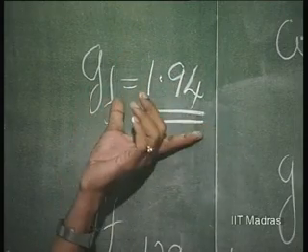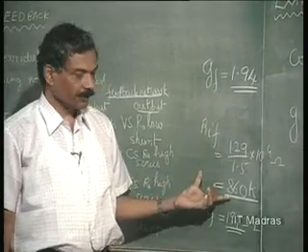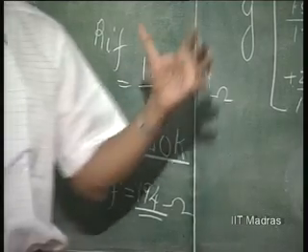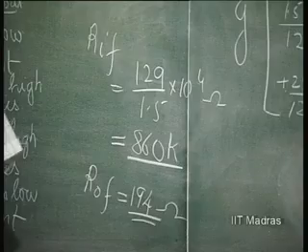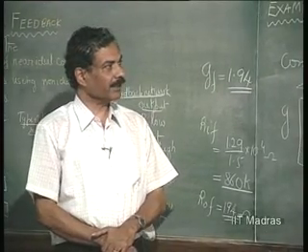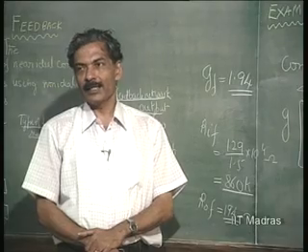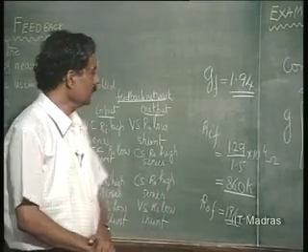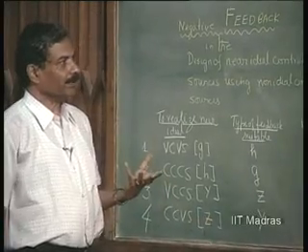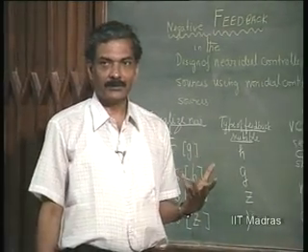So, we have stabilized the gain, we have improved the input impedance as well as the output impedance, and this amplifier has become a near ideal voltage controlled voltage source. So, this illustrates very clearly how we can exploit these basic concepts in designing whatever amplifier we want.